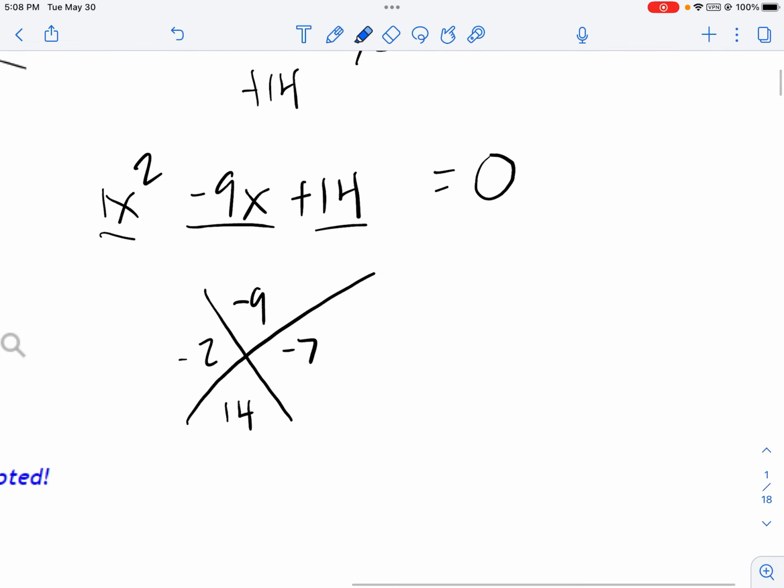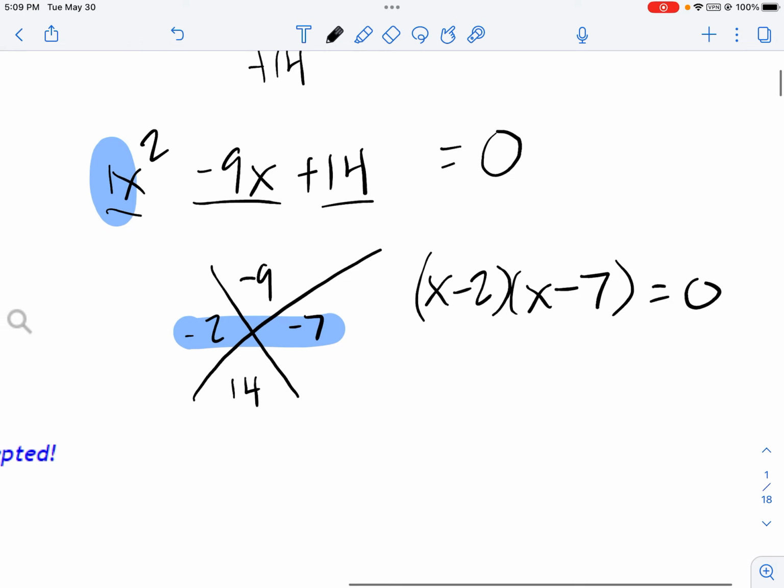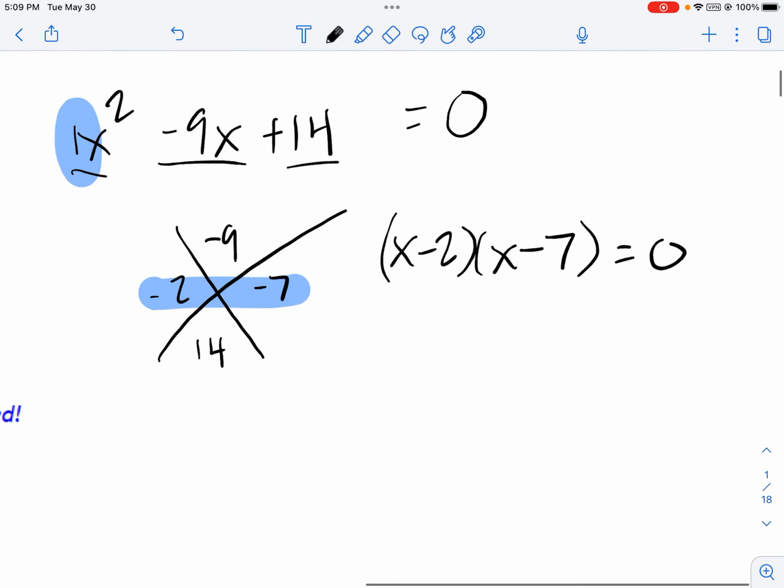Now remember, you can use your factoring shortcut here because there is a 1 as your leading coefficient in front of x squared. That means you can just take the two numbers we just found and do x minus 2 and x minus 7. Booyah! This finishes out factoring for us. We know that we have two parentheses, two quantities that equal 0 through multiplication.